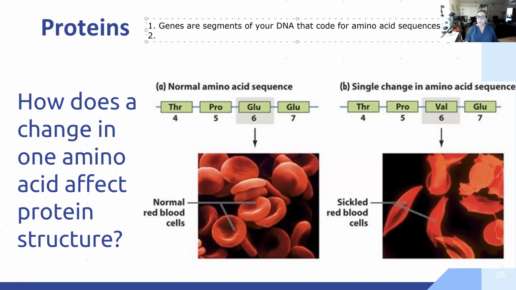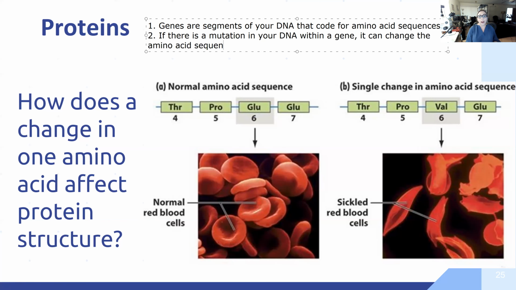It doesn't always, but it can. So if there is a mutation in your DNA within a gene, it can, I'm going to put, change the amino acid sequence of the protein, disrupting its shape and function.